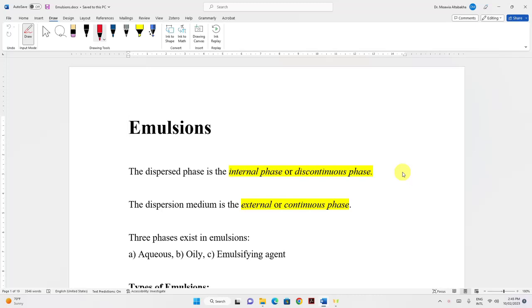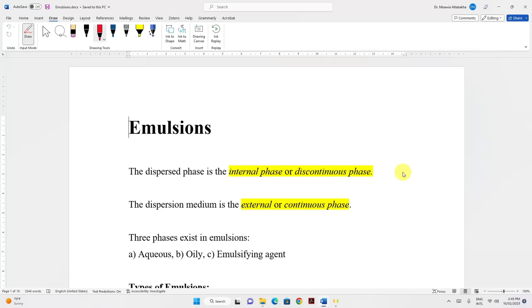If you remember, in suspension we said that the internal phase, or the thing that is distributed throughout the outer phase, we call the dispersed phase, and for suspension we call it suspensoid.